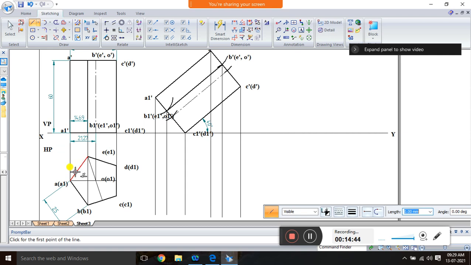Okay, so next A and A1 dash is here. So A1 dash is here and A is here. So first you have to mark.